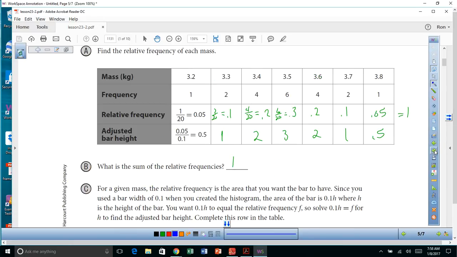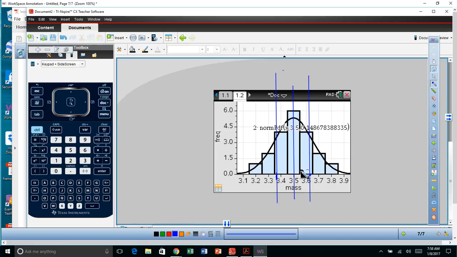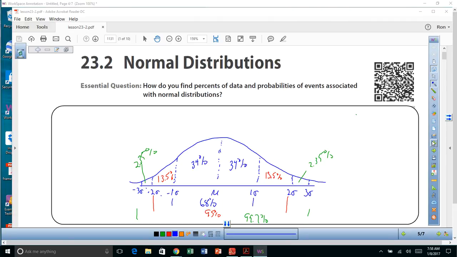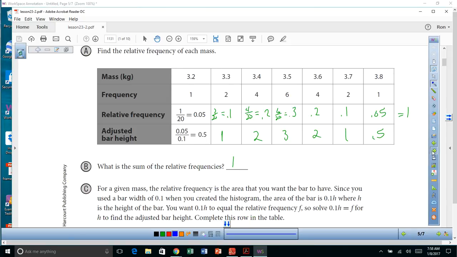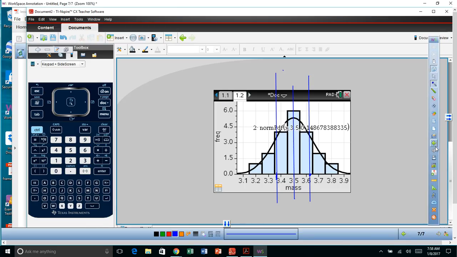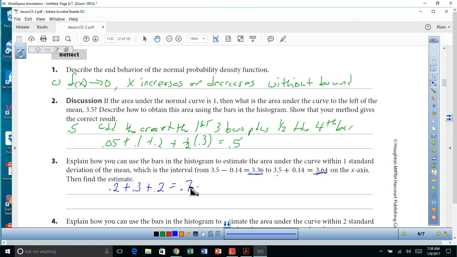So really I took in that little slice and that little slice right there, because if you remember on that first graph, I said that was 68%. Okay, and here I'm coming up with 70%.